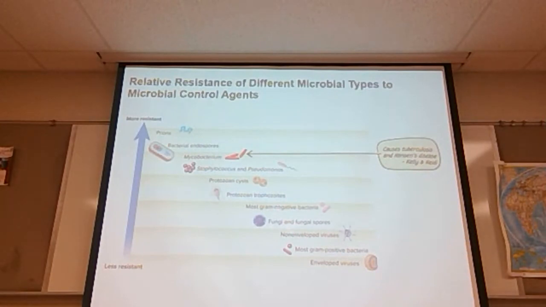Fungi and fungal spores, as we continue to move down. Non-enveloped viruses, most gram-positive bacteria. Here we see the gram-positives. These ones up here just have certain characteristics that give them a little more ability to resist. And then finally, enveloped viruses down here as the least resistant organisms.